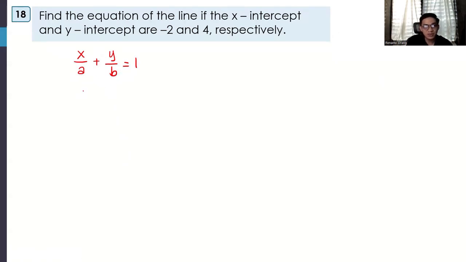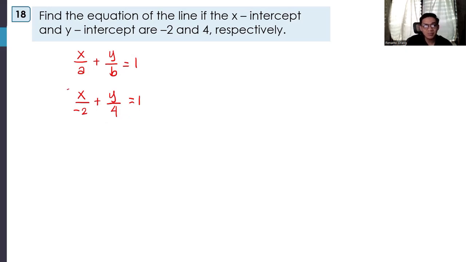So therefore, substitute natin x divided by, sabi dito is negative 2, plus y divided by, sabi dito, yung ating b is 4. Is equivalent to 1.